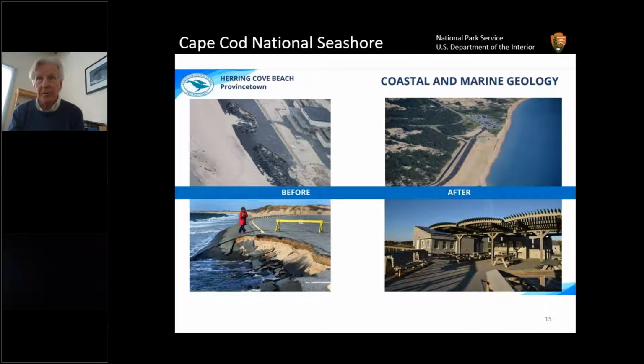Wonderful for our visitors to park their cars and bring their coolers just a few feet to be on the beach, but not well placed in terms of ecological integrity. And over the years, time and time again, literally thousands of tons of asphalt were broken off and contributed as debris into the nearshore system.